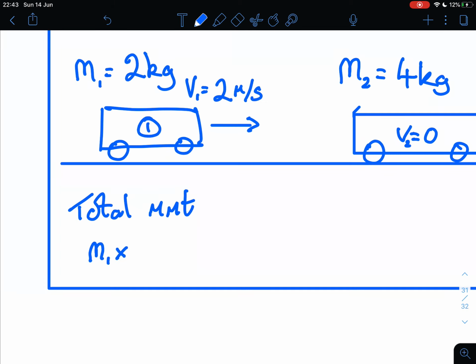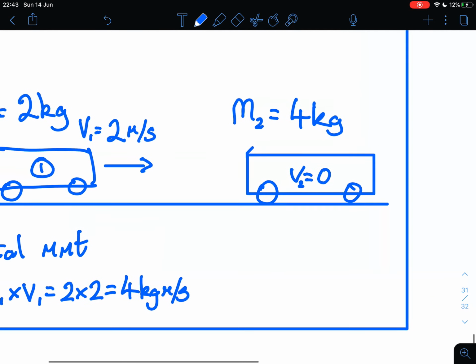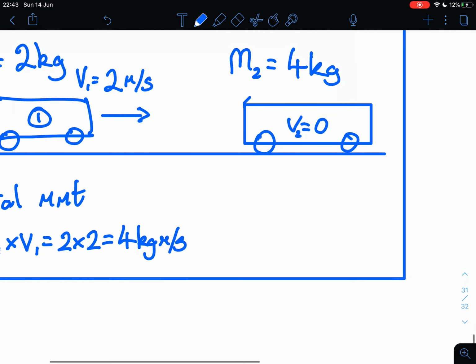So we've got M1 times V1 equals 2 times 2 equals 4 kilograms meters per second. But I want all of it. So I'm going to add it to M2 V2, which is 4 times 0.